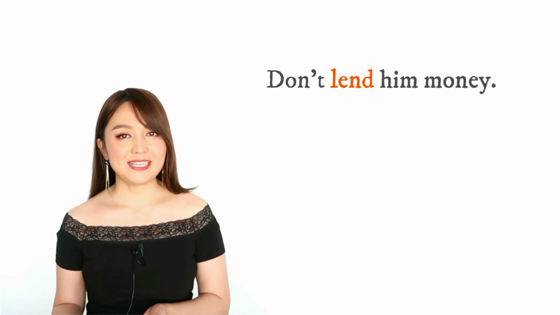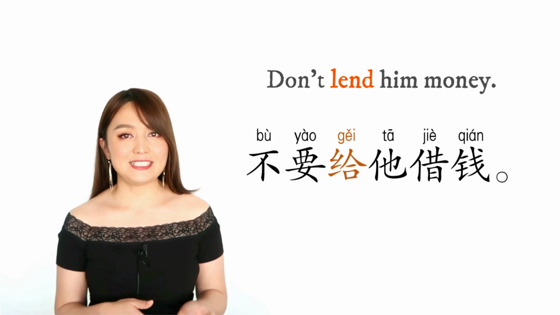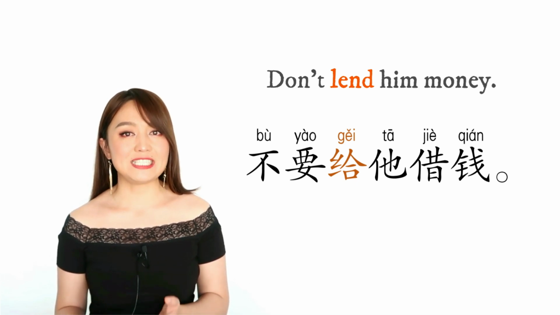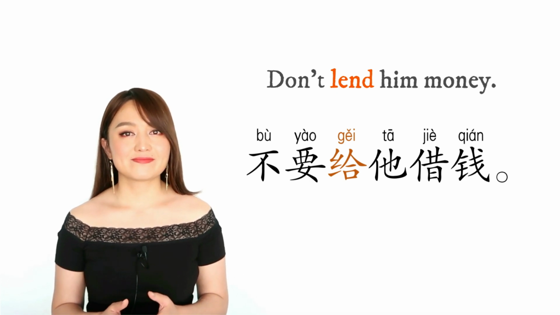And to say, don't lend him money, is 不要给他借钱. Here we use the preposition 给. One more example to make sure that you remember it.